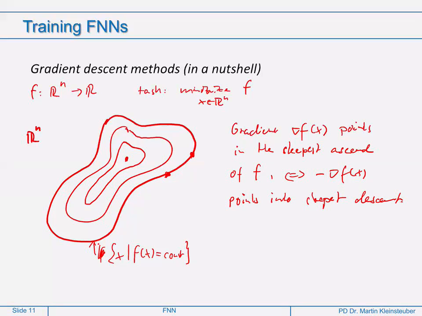In fact, if you want to draw that here, you have the tangent line to the level set, and you have this direction, and this here is minus the gradient of f, and it points in that direction.